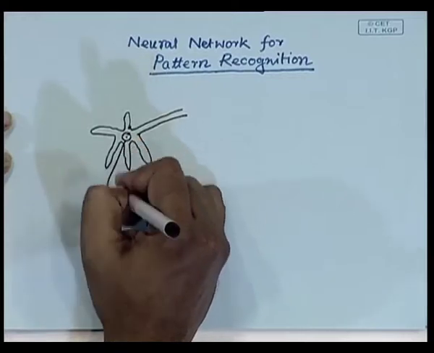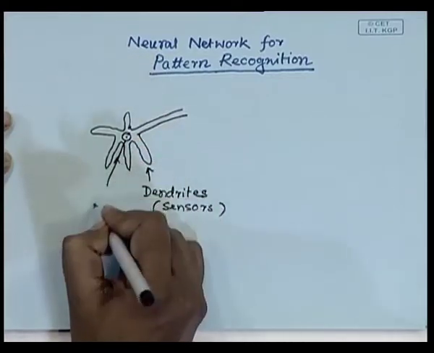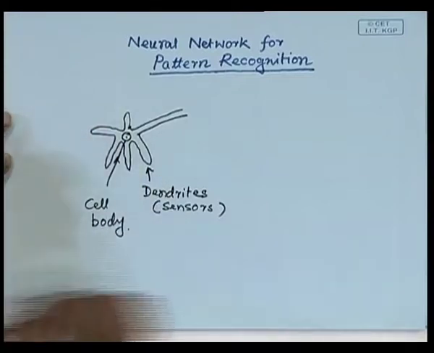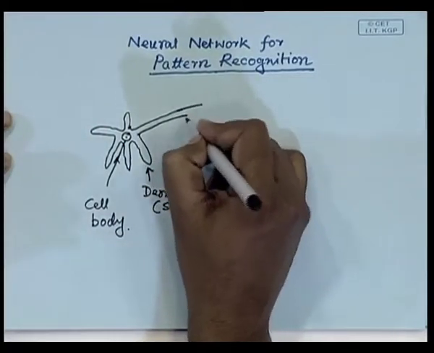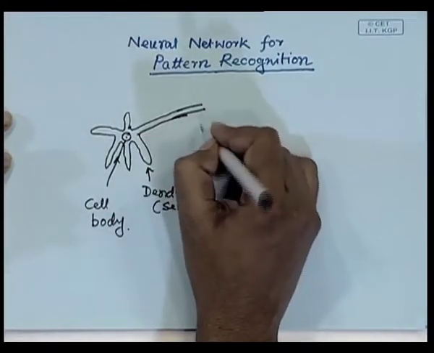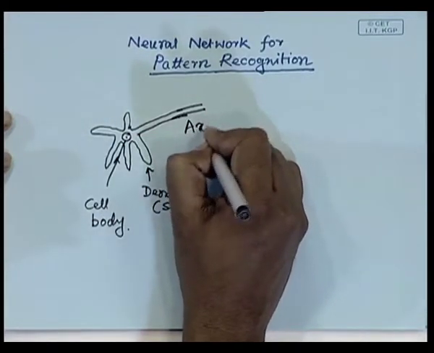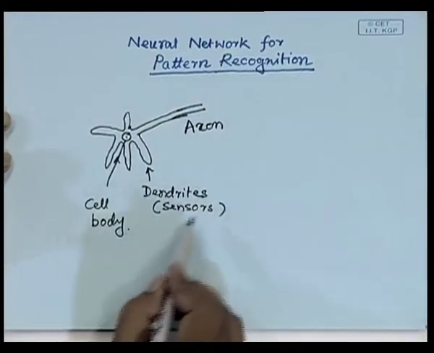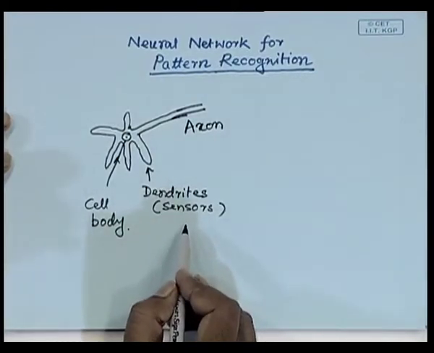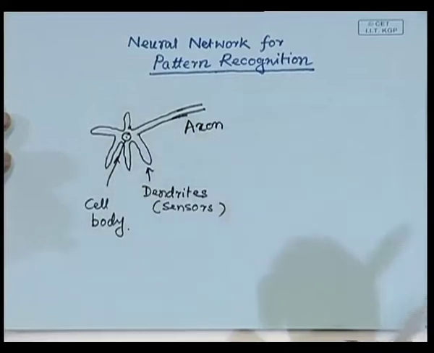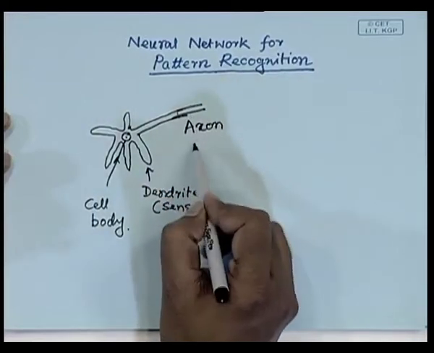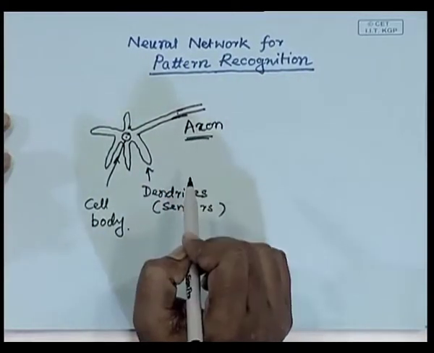Inside I have the cell body, and these fibers are actually called axons. These dendrites or sensors sense different stimuli, and that signal is carried to the brain by these axons.